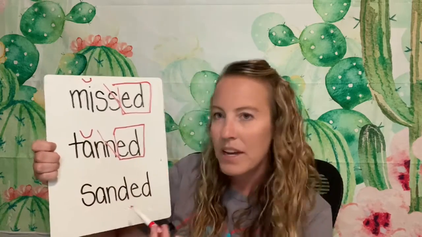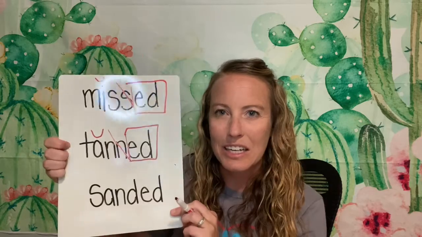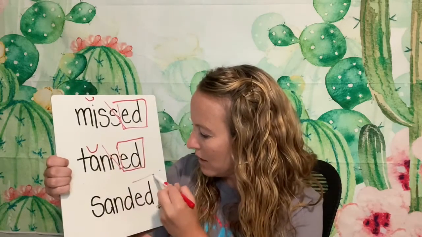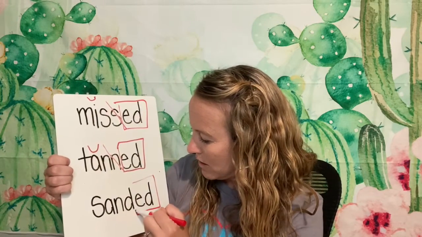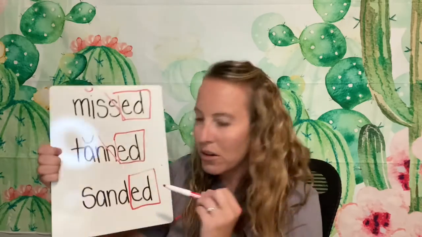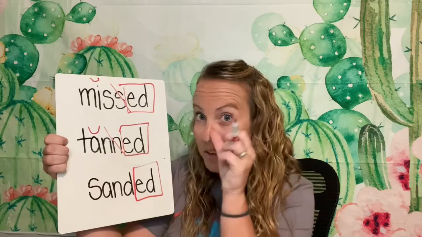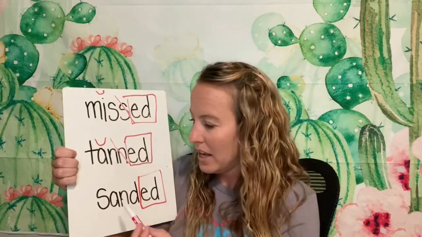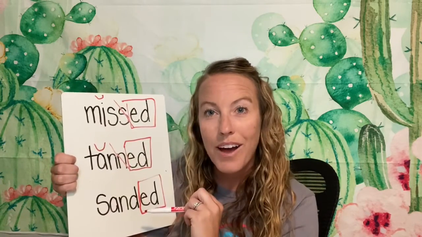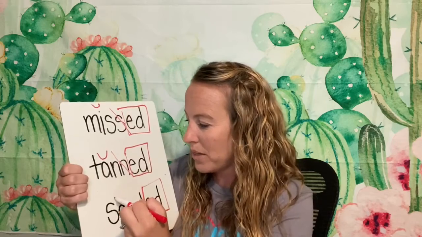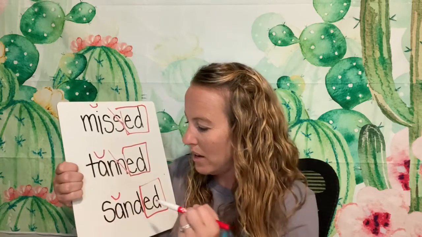Good job. Now we have the word sanded. Coded with a box. Then we have the vowel, and it's followed by what? A consonant. So we code it with a breve.